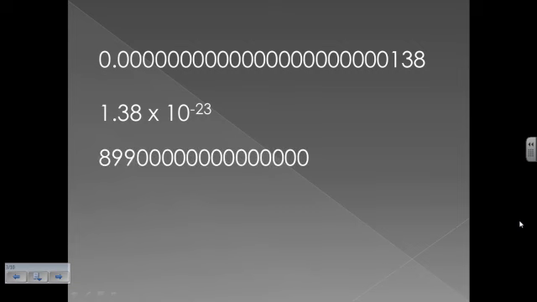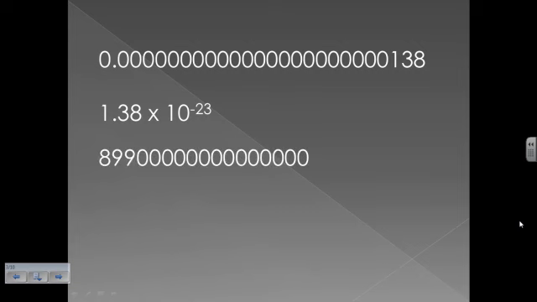We also will make use of scientific notation. For instance, this number, which is called Boltzmann's constant, has a lot of zeros in it. In order to make it more usable, we're going to put it into scientific notation. Makes it much easier to manage.